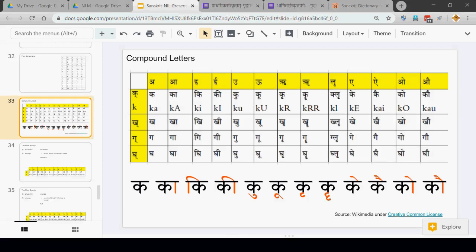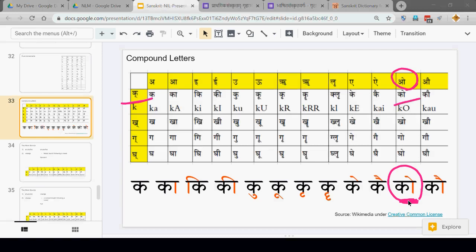The next vowel here is O, right? O. Added with a consonant K, it sounds ko, right? Ko. So the symbol is shown here, ko. As you see here, there is a vertical line after the base symbol, and there is a slant line on top of that.